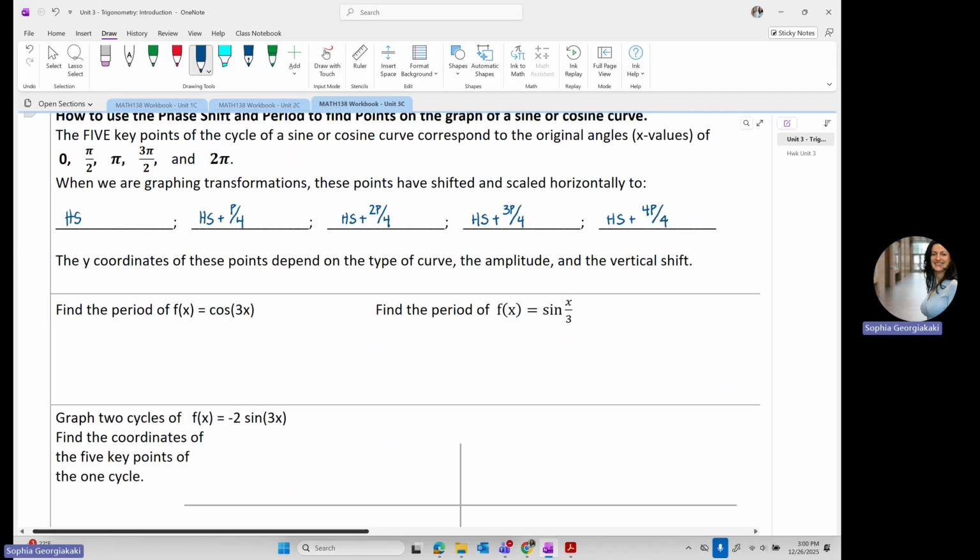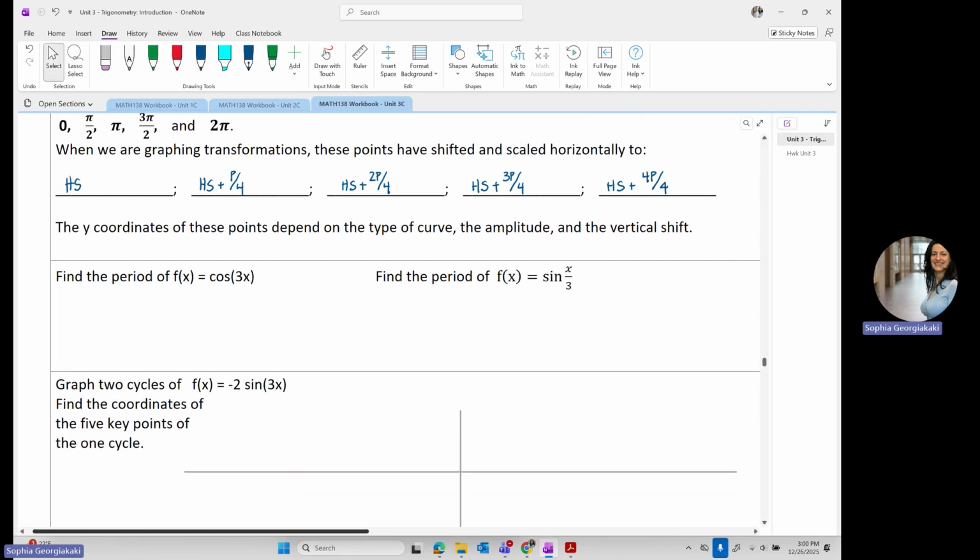And then the y depends on whether you are graphing a sine or a cosine. Sometimes we start at the midline, sometimes we don't. So the y coordinates depend on the curve, cosine or sine, the amplitude, and the vertical shift.